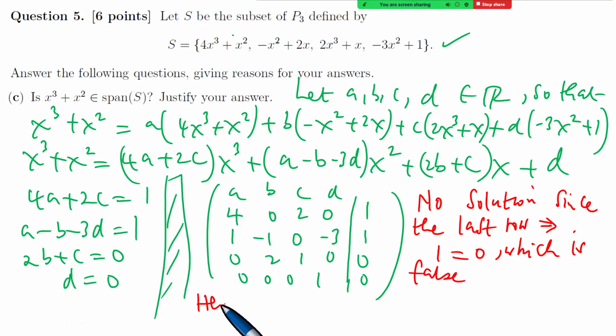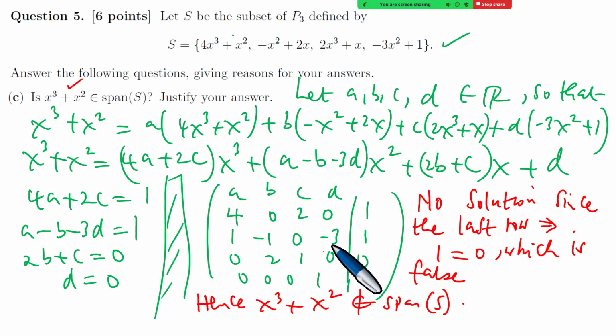Because of that, we're able to say that x cubed together with x squared is not in the span of S. If it were in the span of S, it would produce solutions that exist.